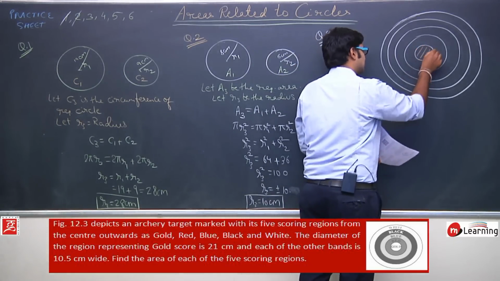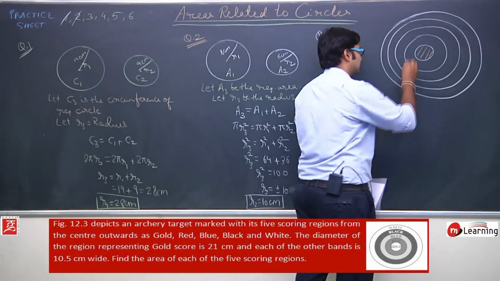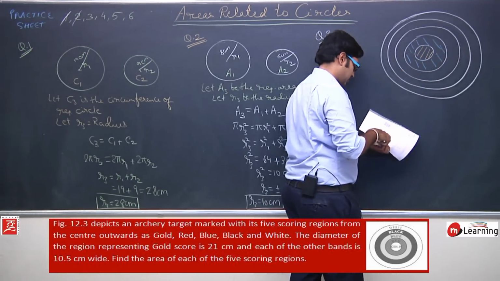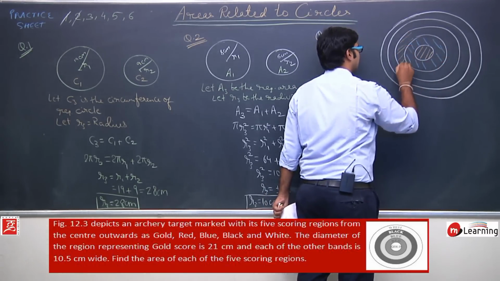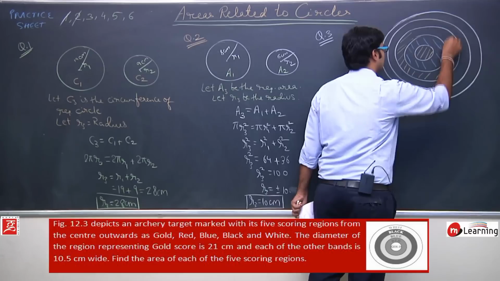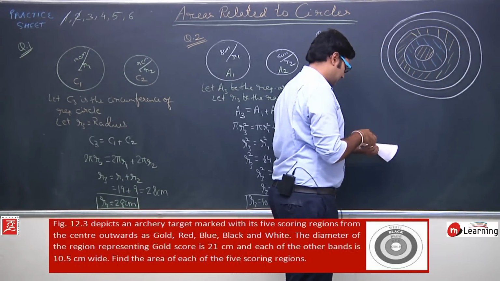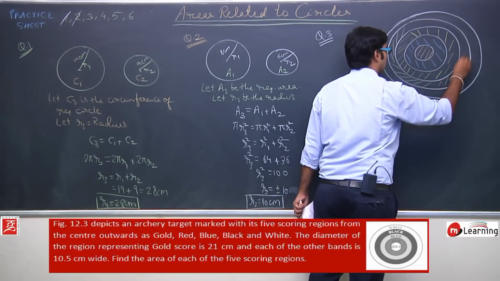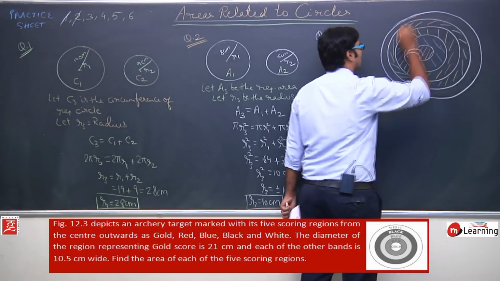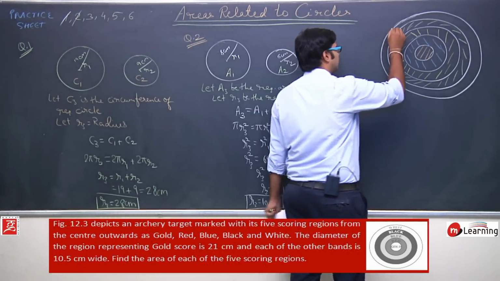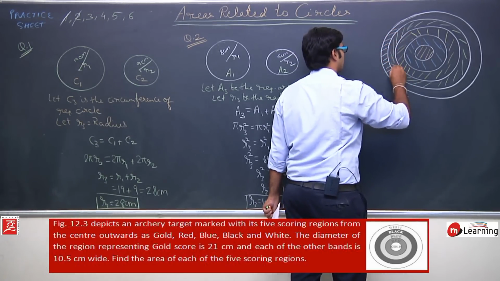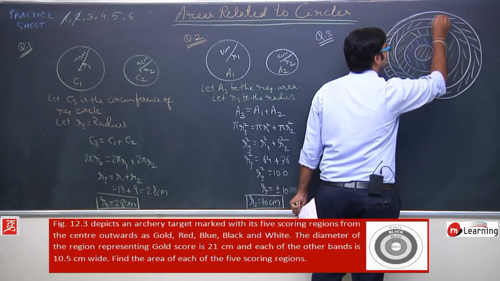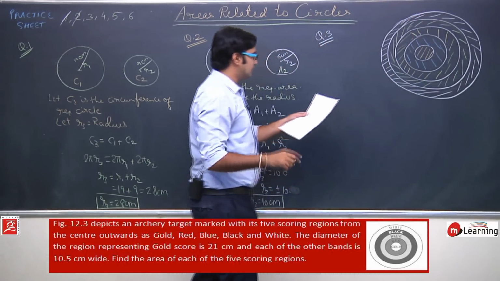Let us say this is the first region, then this is the second region, then this is the third region, then this is the fourth region, and similarly this is the fifth region. So these are the 5 regions of this archery target.